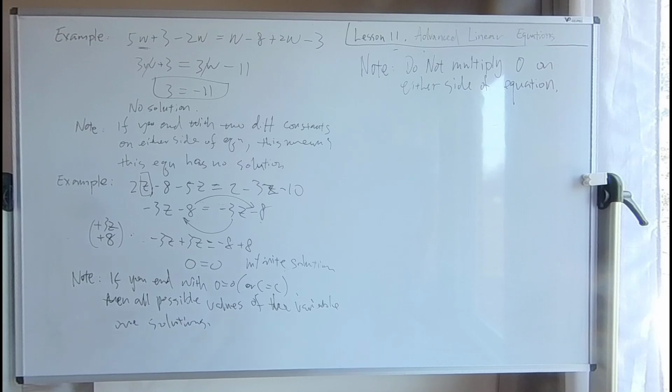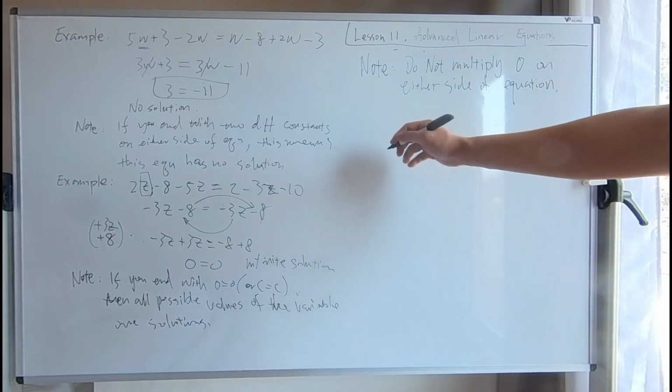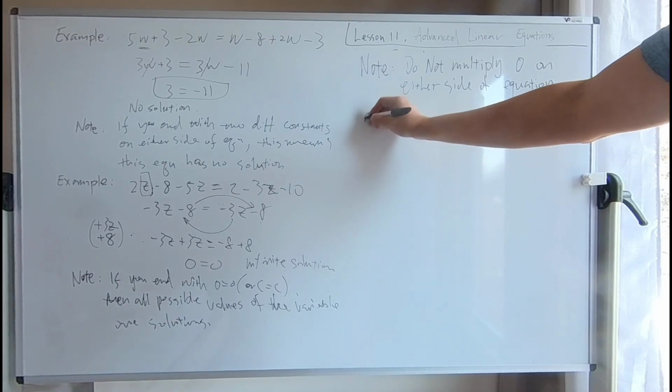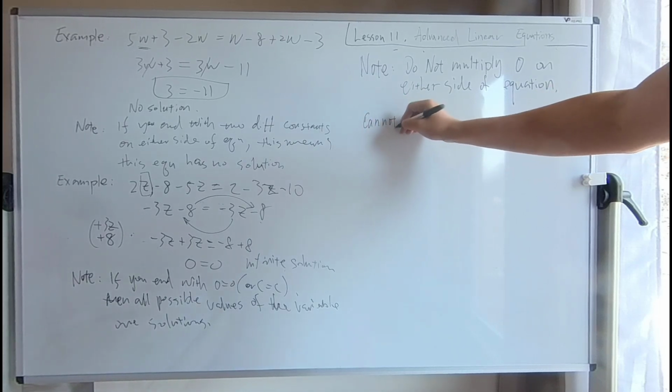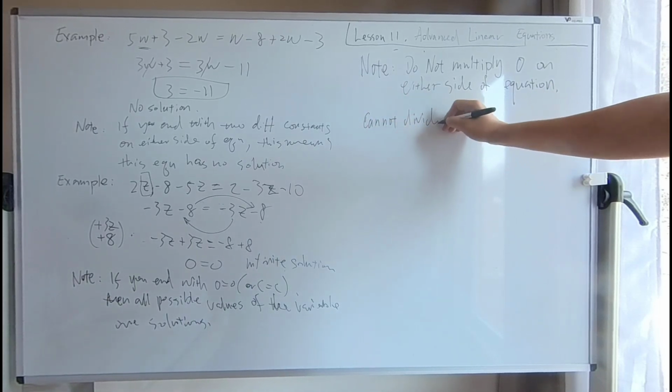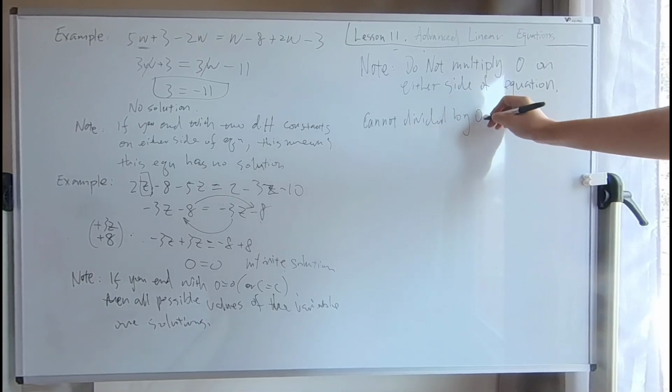Basically, if you can add numbers, which means you can also subtract numbers. If you can multiply by that number, that means you can also divide by that number. But apparently, mathematically, we cannot divide by 0. Right?